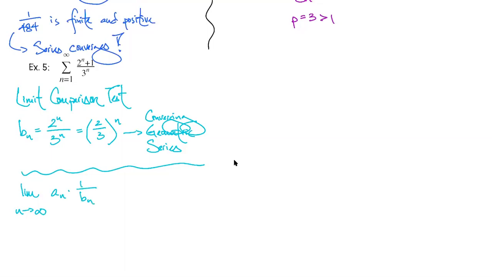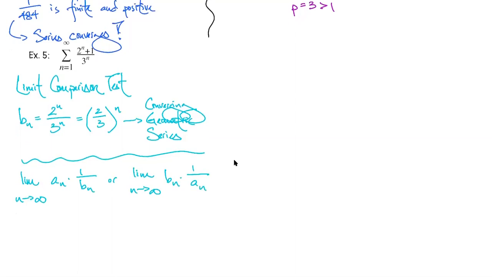That's one option. Or you can say the limit as n approaches infinity of b sub n times 1 over a sub n. So when you're comparing them through that division, it doesn't matter which one is on the top and which one is on the bottom, okay?